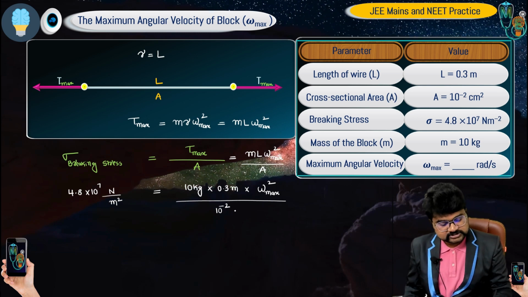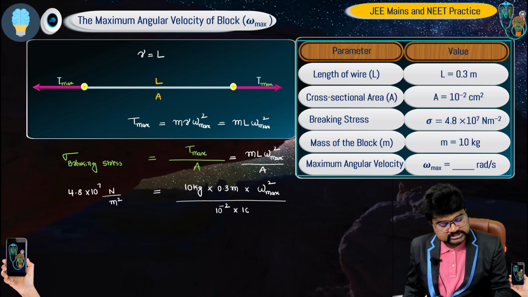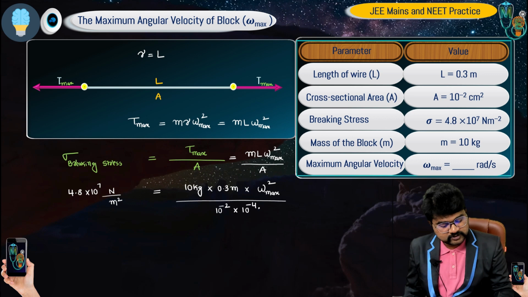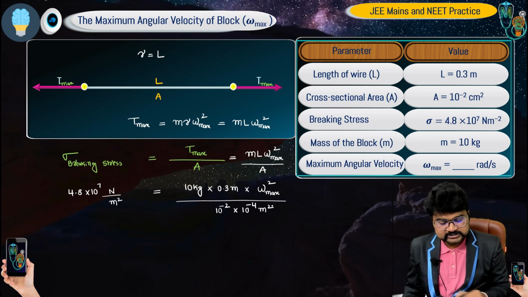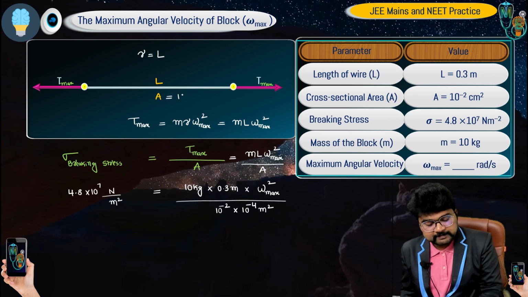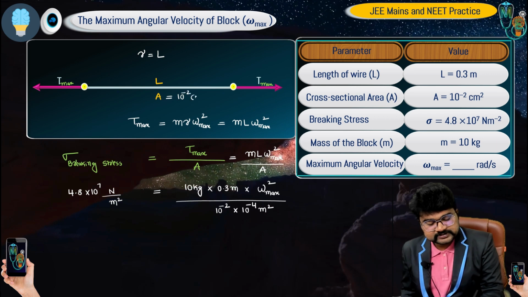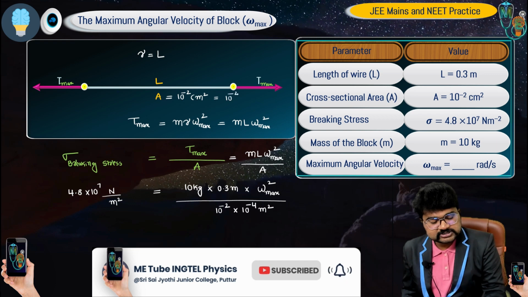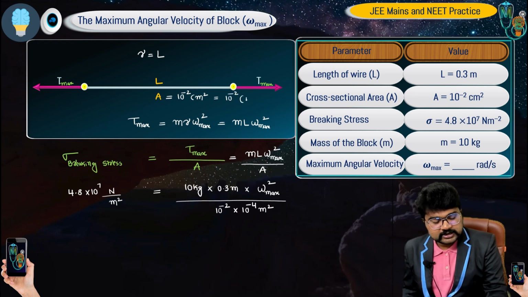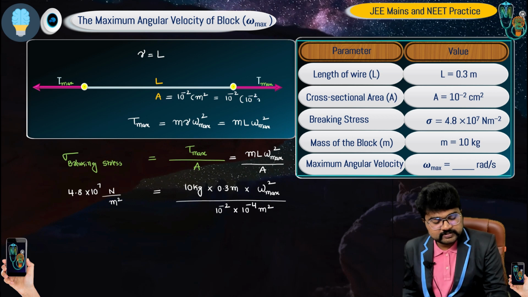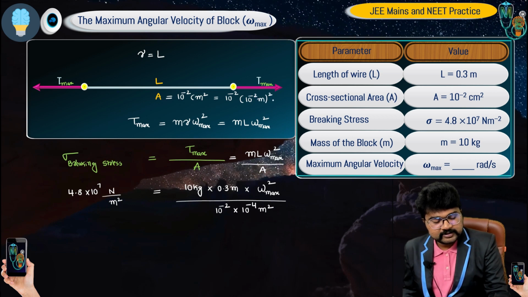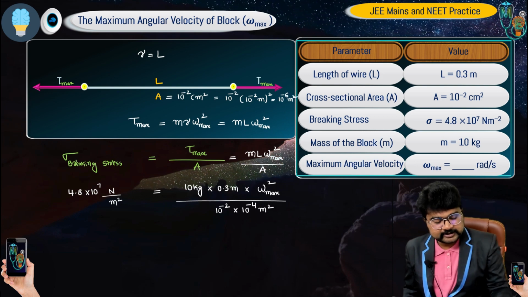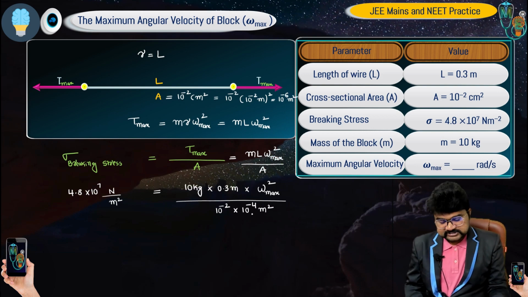In terms of meter square, area equals 10 power minus 2 centimeter square, so 10 power minus 2 meter whole square, which is 10 power minus 4... that is 10 power minus 6 meter square.